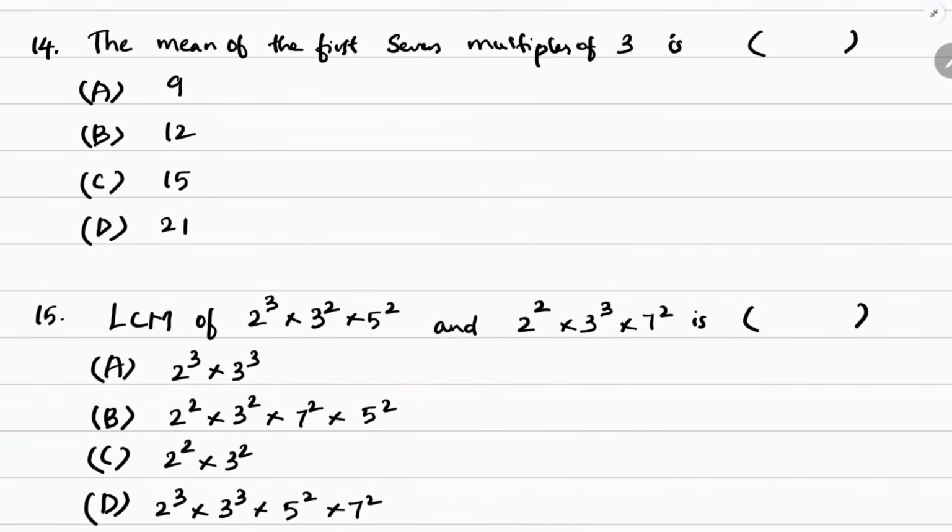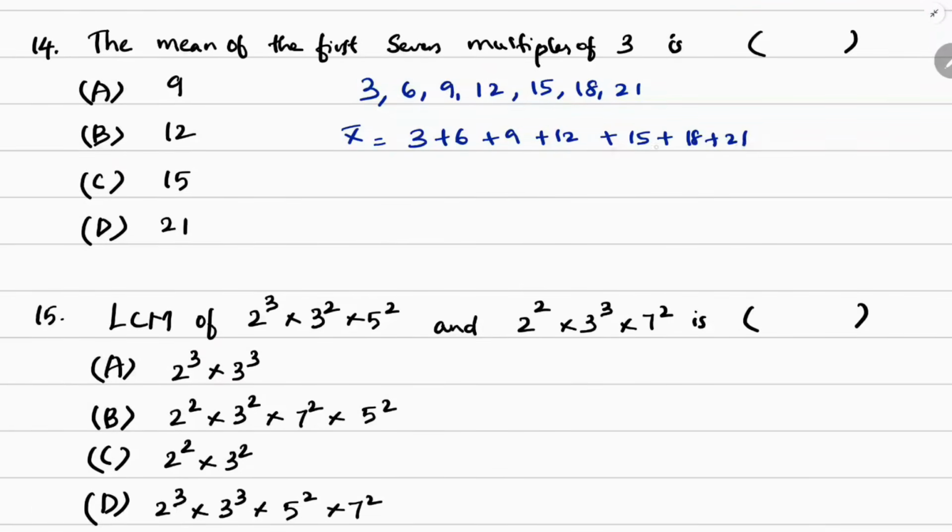The mean of first 7 multiples of 3. Multiples of 3 are like 3, 6, 9, 12, 15, 18, 21. So mean is the sum of the observations, 3 plus 6 plus 9 plus 12 plus 15 plus 18 plus 21, by 7.